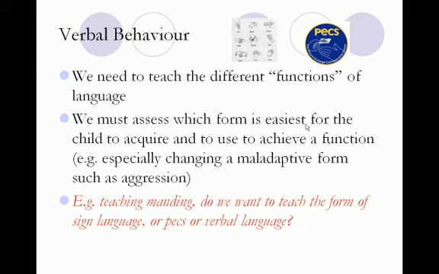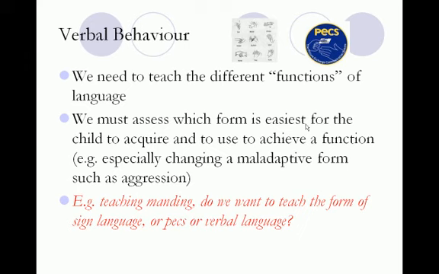But in addition to that, we must assess which form is easiest for the learner to acquire and to use to achieve a function, which can be especially important when we're talking about something like problem behavior, where this person has a learning history of engaging in some form of maladaptive behavior, such as aggression or hitting. When it comes to trying to train up a new response, we want to select something that has the lowest response effort.